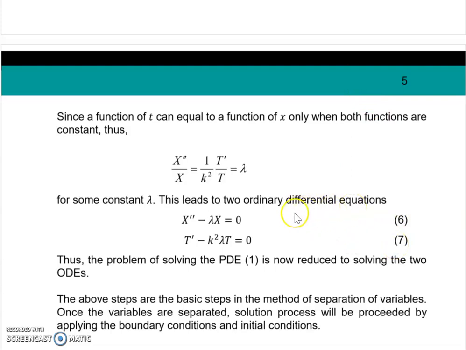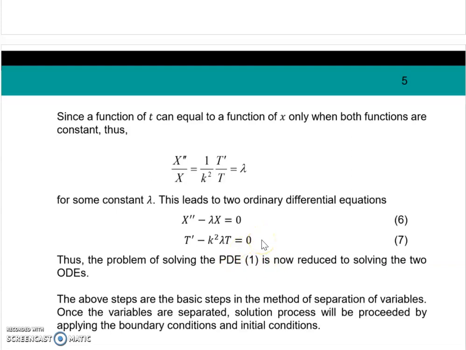They are ODEs because each one of them depends on a single independent variable only. You can see equation 6 only involves the x, and equation 7 only involves the t. So we have reduced the PDE to two ODEs.